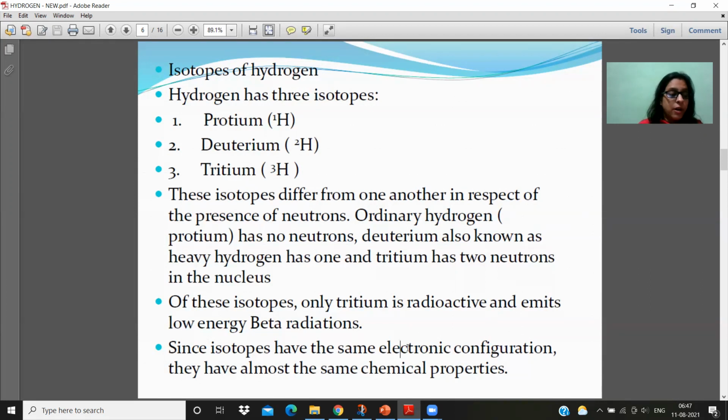And if we talk about deuterium, it is also present in the form of heavy hydrogen.